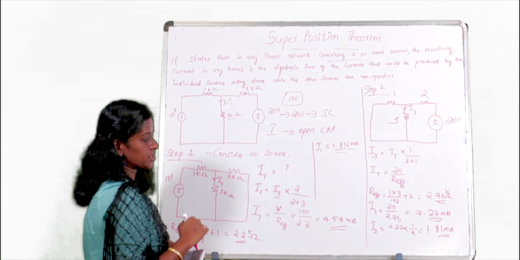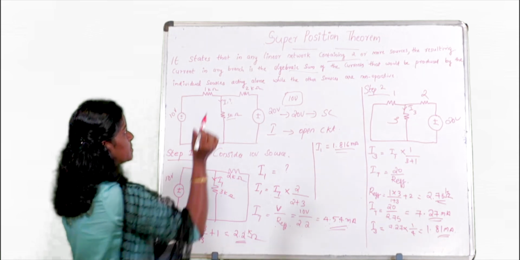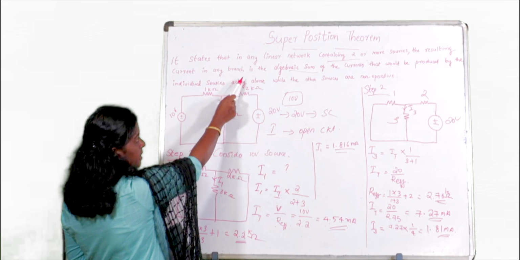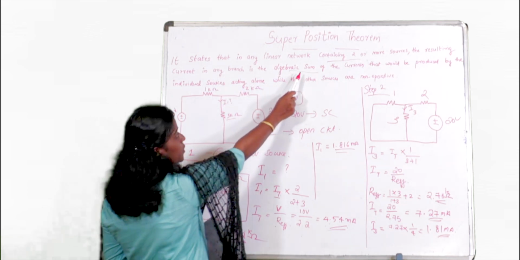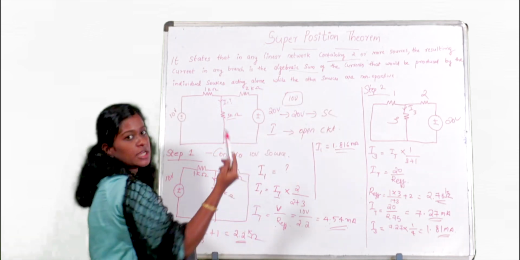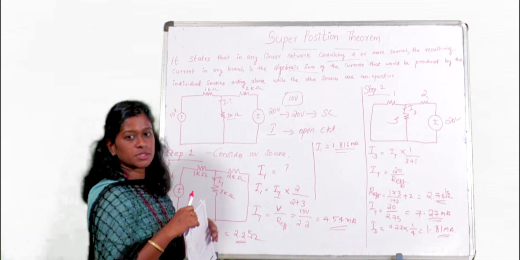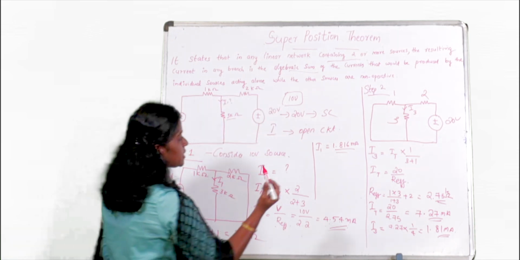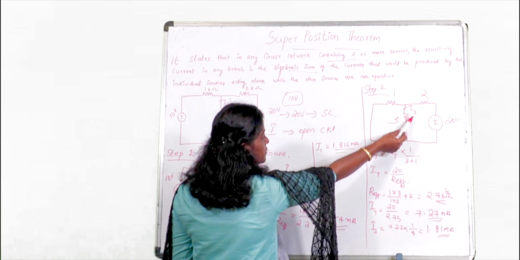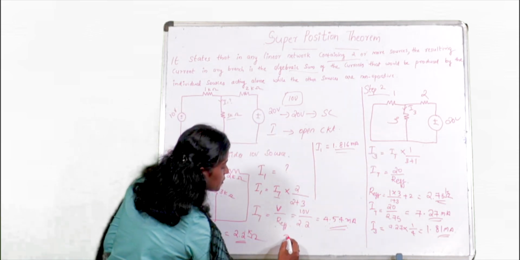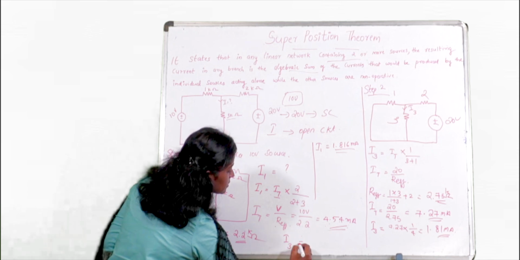So according to the superposition theorem, if you want to find the current in any branch, then it will be equal to the algebraic sum of the currents that would be produced by the individual sources acting alone while the other sources are non-operative. That means if you want to find the current flowing through 3 kilo ohm by the superposition theorem, then finally we need to add both currents.